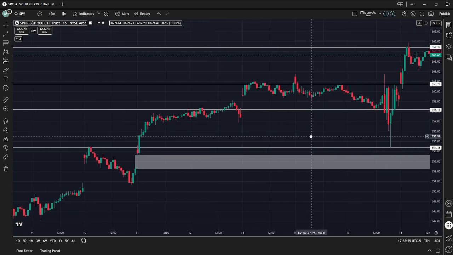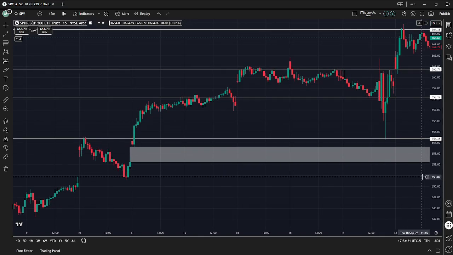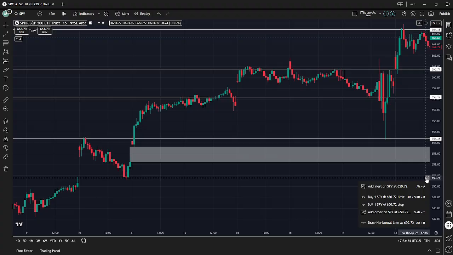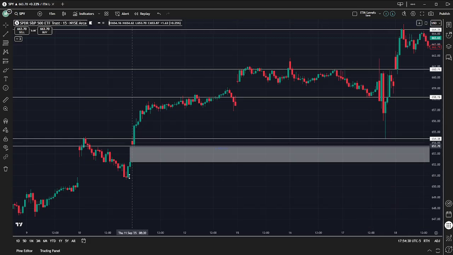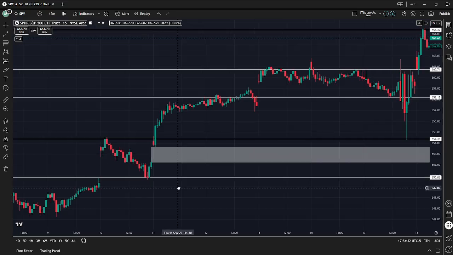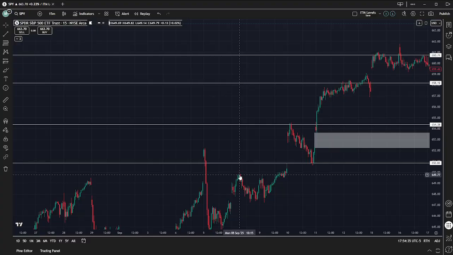Below 658.19, I like to move down to 654.38. I did mention that I like to have my levels sometimes $3 plus separated. That's for good price action zones. Sometimes I would have to make my levels $2 separation. It just depends on how the price action is moving in those respective zones that we're looking at. Below 654.38, 650.86.